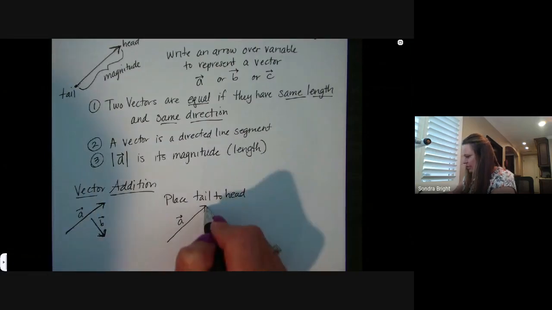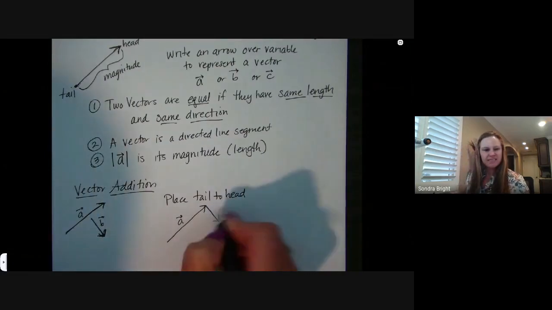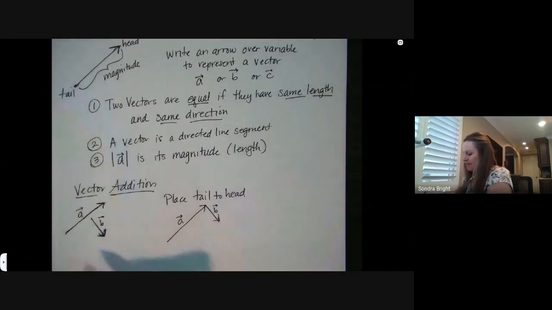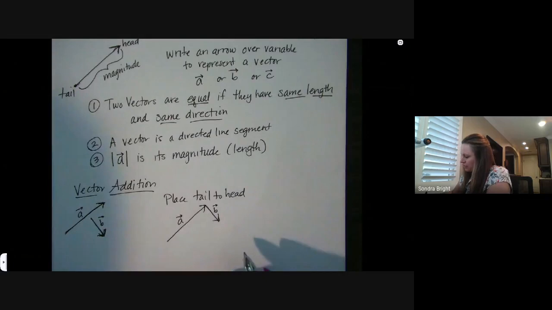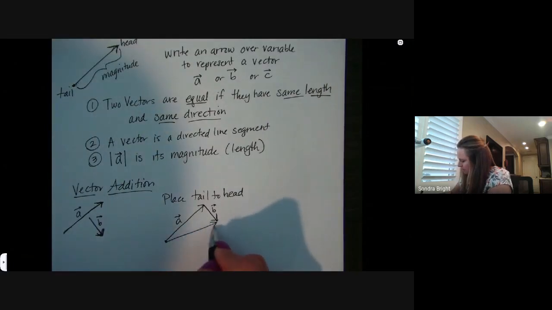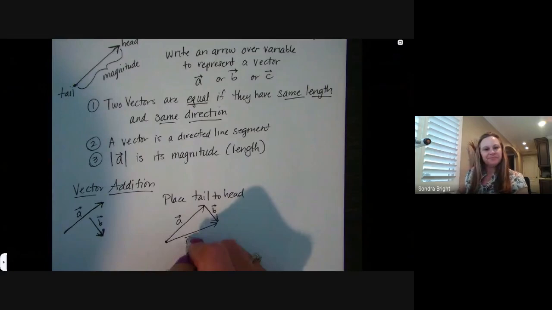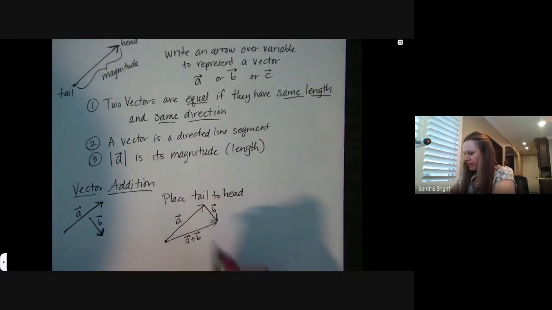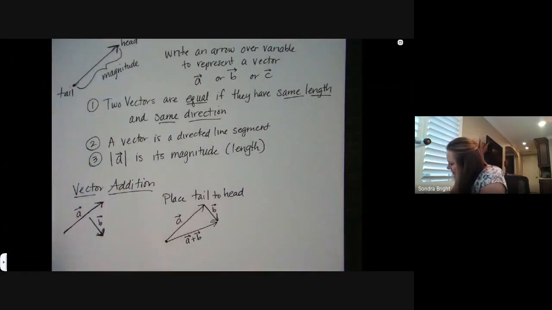Again, trying to duplicate the same length and pointing in the same direction. And then if you draw a vector from the tail of A to the head of B, this would be A plus B. This vector here, I guess I should draw it in a different color maybe.